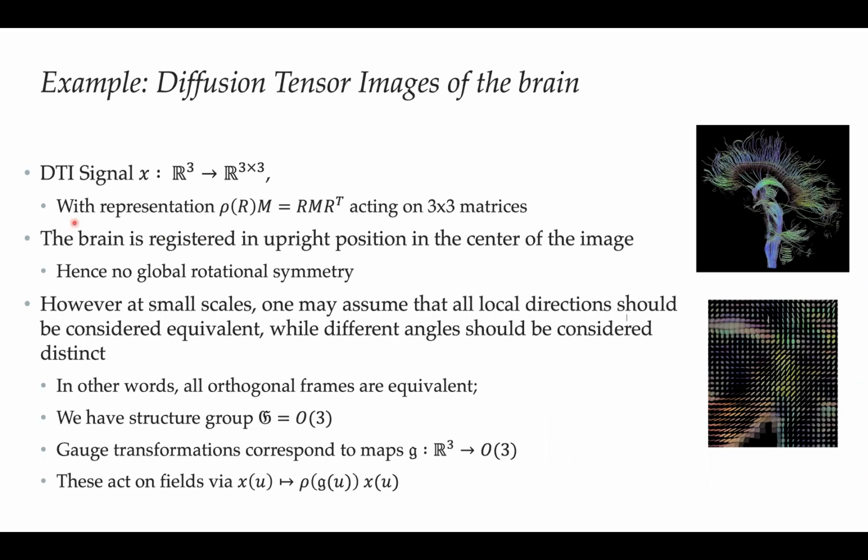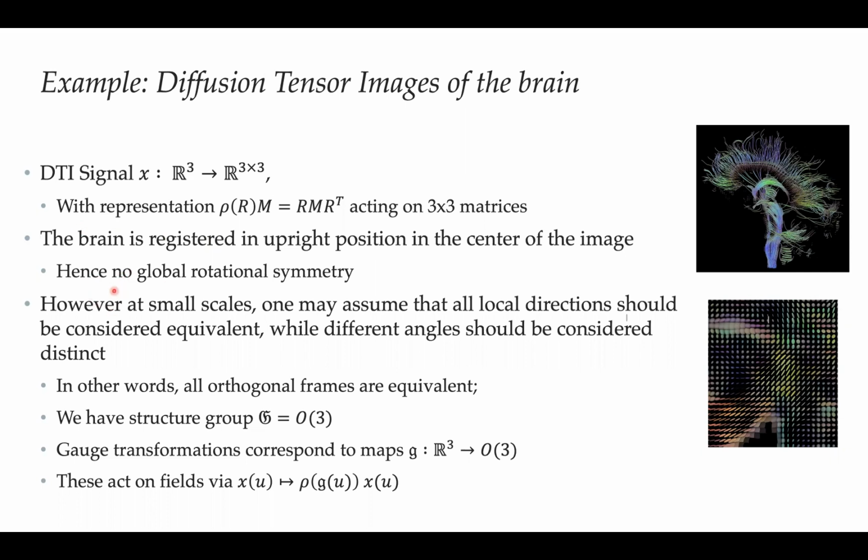Now, we could use a translation and maybe a rotation equivariant convolutional net, but you can wonder if that's actually appropriate for this type of data, because the brain is typically registered, so it's in a standard position. It's in the center of the image, and it's in upright position.